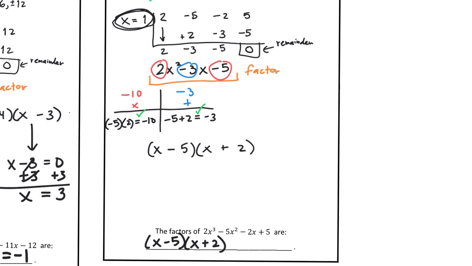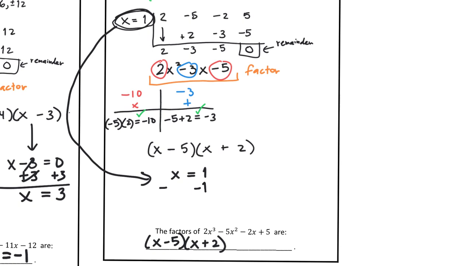And I actually have a third factor. The third factor is going to come from x equals 1, this x equals 1 that I had over here. Bring it down over here, and then do the opposite. What's the opposite of positive 1?